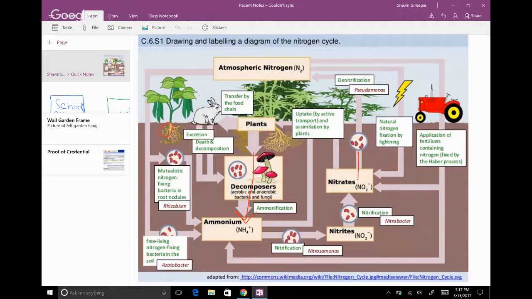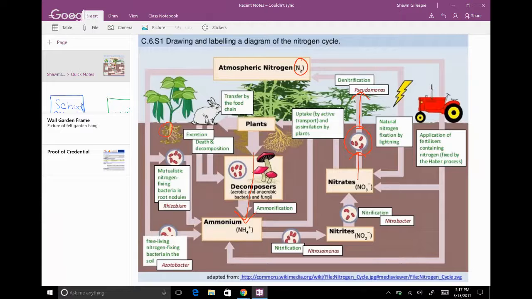Then when it's finally time for them to exit, you'll notice once again, you have those bacteria there. Those bacteria do what we call denitrify. They allow the nitrogen to turn back into N2 and go back into the atmosphere, because NO3 is not atmospheric nitrogen, so it won't be there.